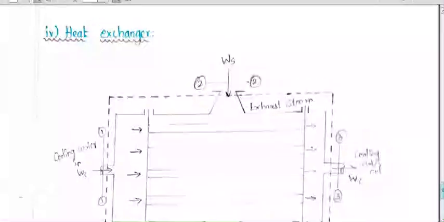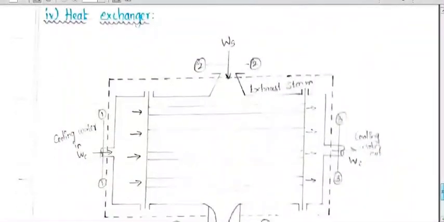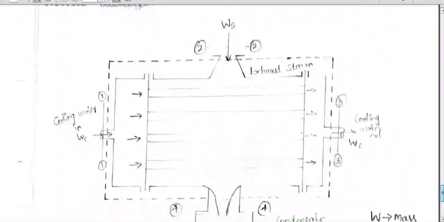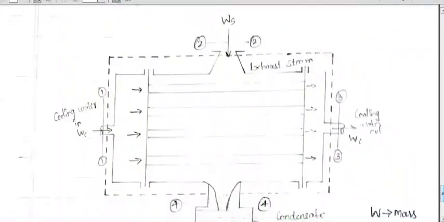What we are going to see here is the heat exchanger. So what is the purpose of a heat exchanger? In our previous devices, what is the purpose of the turbine and compressor? The turbine is used to convert heat energy into work energy.